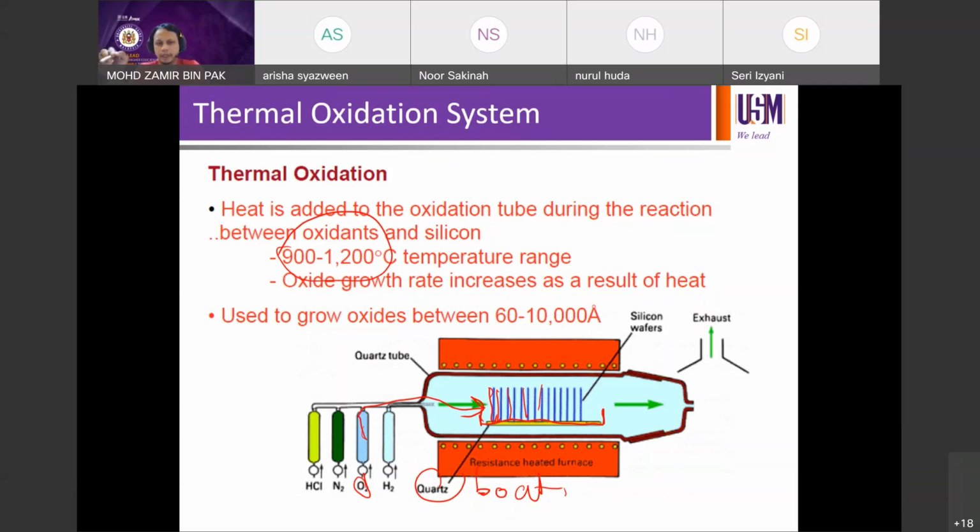And the typical range of the oxide grown is within this region, so 60 to 10,000 angstrom, or if you convert that into nanometer, then 1 nano equals 10 angstrom. So that's 6 to 10,000 nanometers.